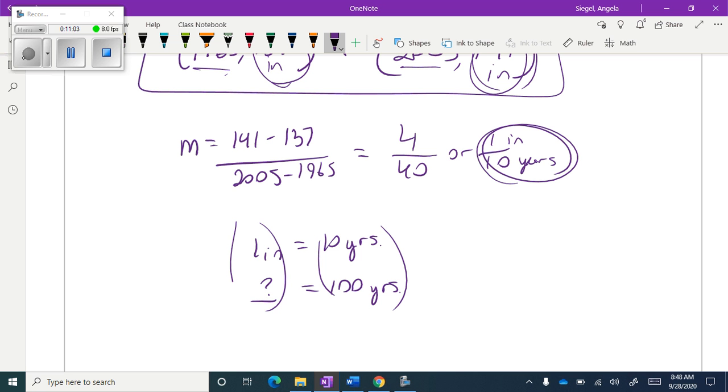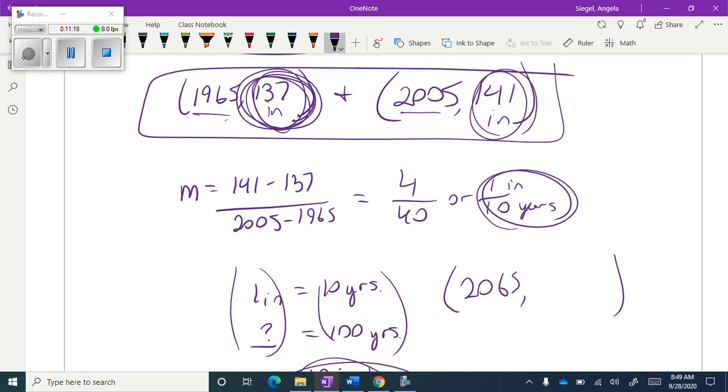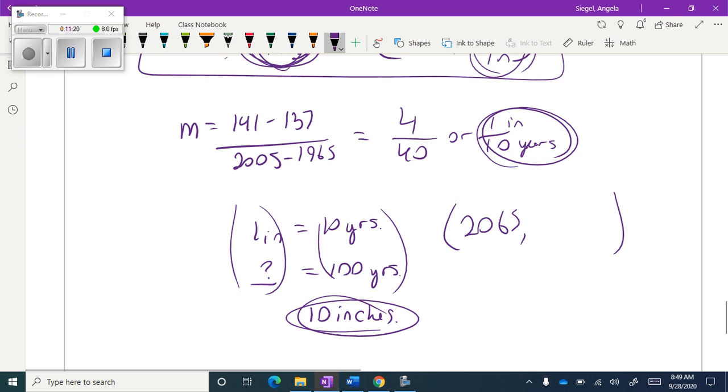So we can multiply this by 10 and this by 10. So our answer would be 10 inches. So our answer, let's go back to our coordinate point. So our answer is going to be 10 inches from this guy right here. So 137 plus 10 is 147 inches.